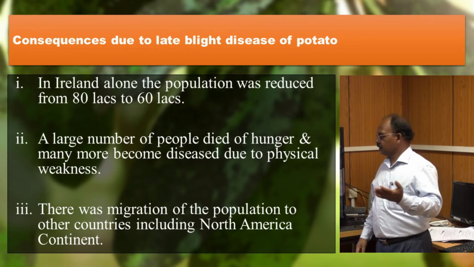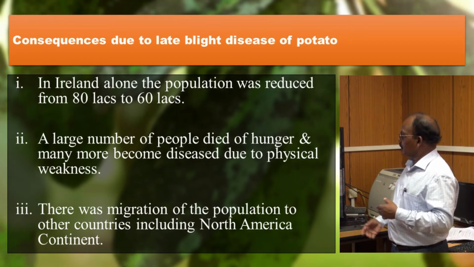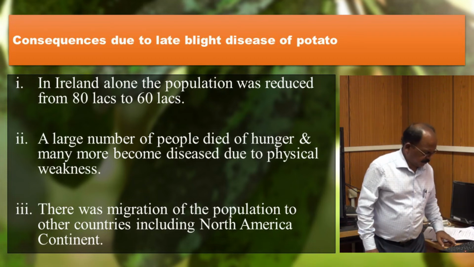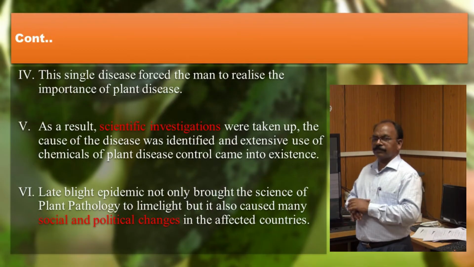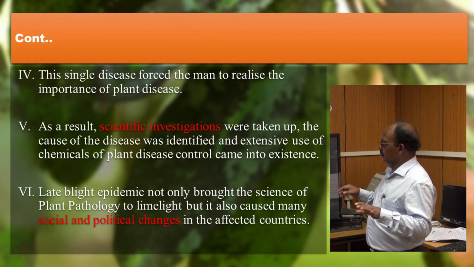There was migration of the population. A large number of people migrated to other countries including the North American continent. This single disease forced man to realize the importance of plant diseases.